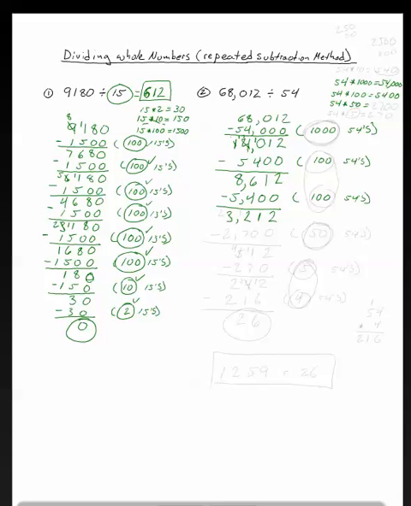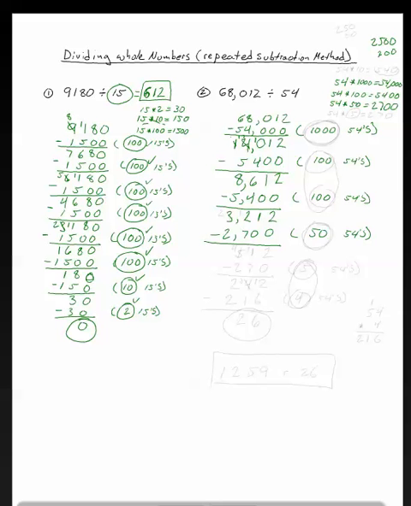Well, half of 5,000 is 2,500, and half of 400 is 200. Adding those together, I would get 2,700. Okay, so I'm going to subtract 2,700 and make a note that that's 50 of my 54s.